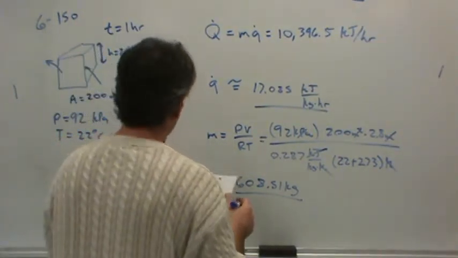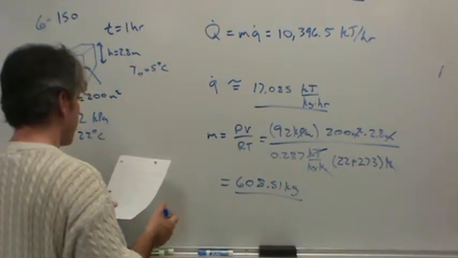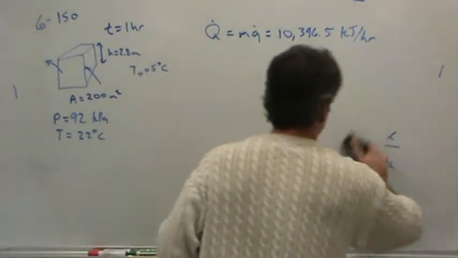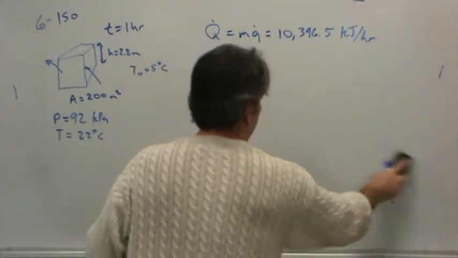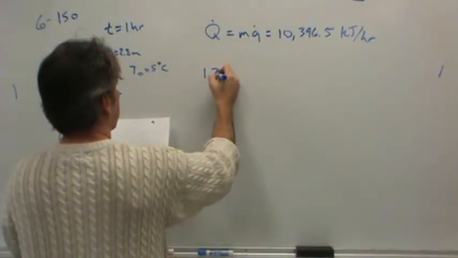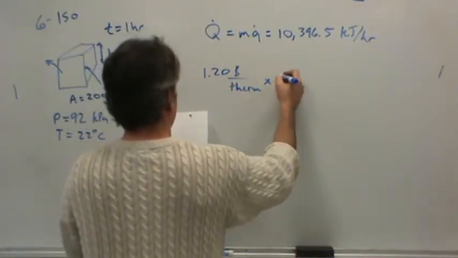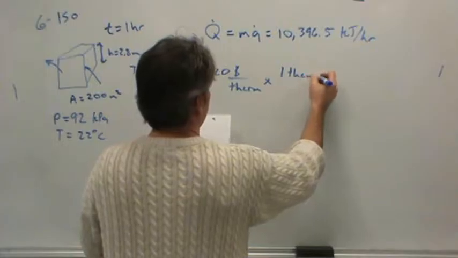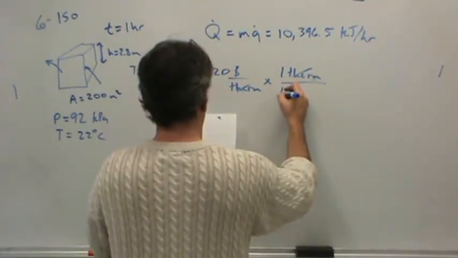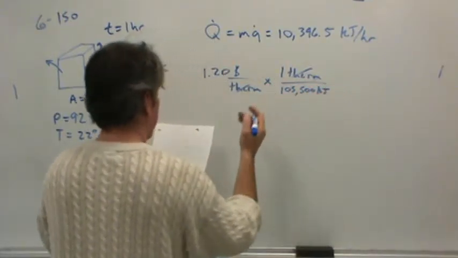So now what about the cost of this? Well, the cost of the natural gas is $1.20 per therm. So let's go work on that a little bit first of all. I don't like therms, I'd rather have kilojoules, so $1.20 per therm multiplied by 1 therm per 105,500 kilojoules will give me the cost per kilojoule.